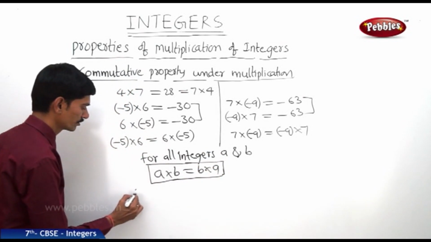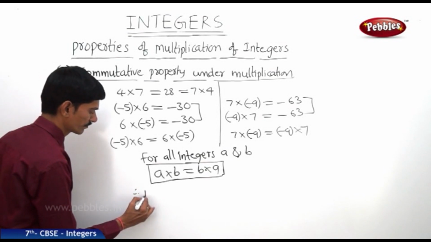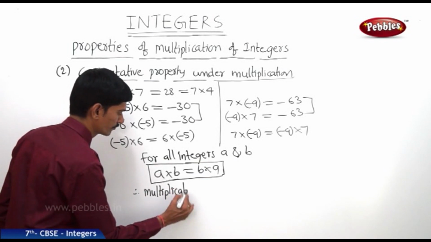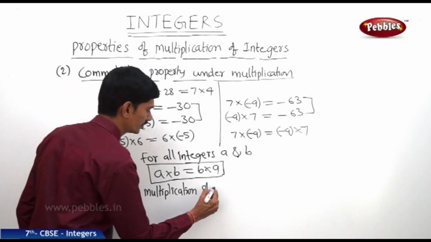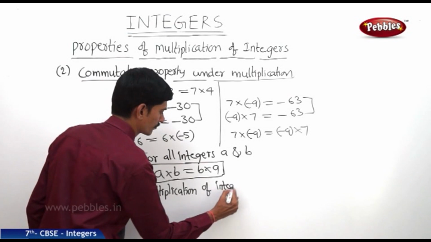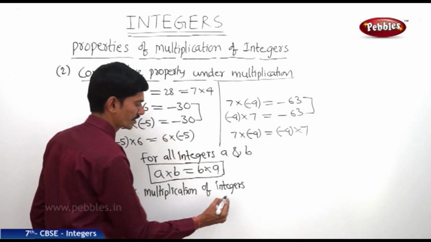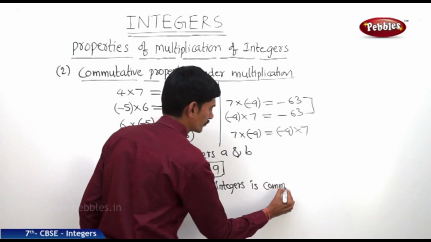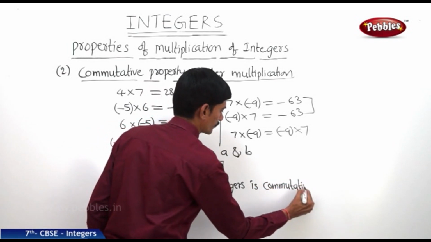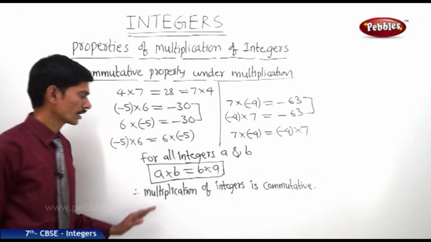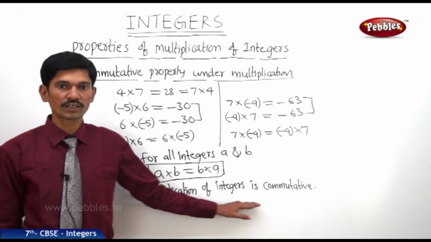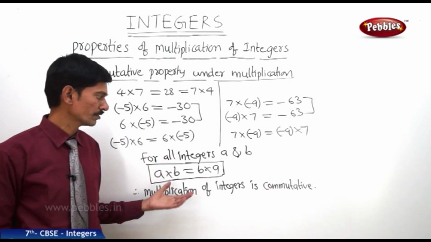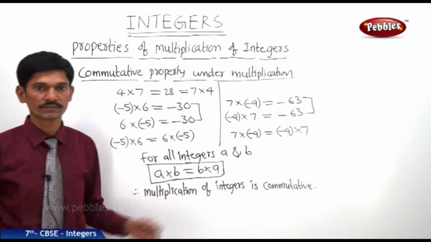Therefore we can write that multiplication of integers is commutative. So we can conclude that the multiplication of integers is commutative. Means if you multiply two integers in any order, we get the same product.